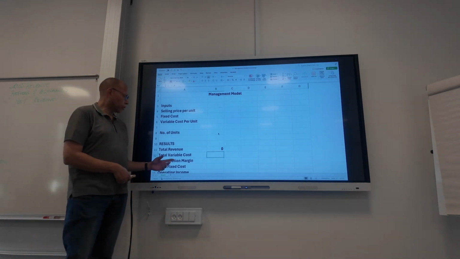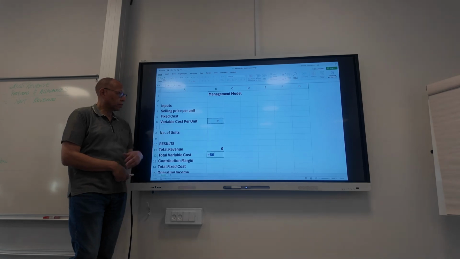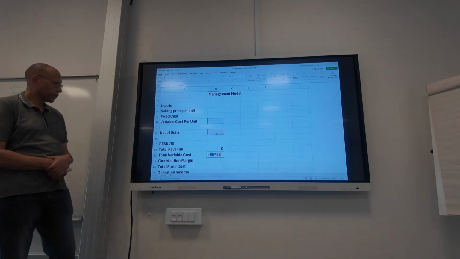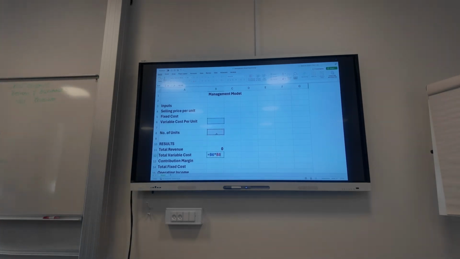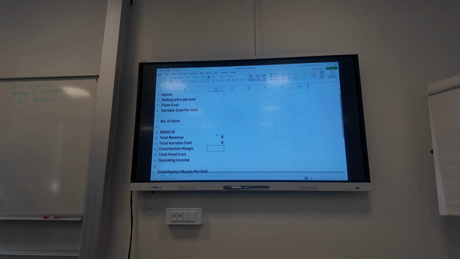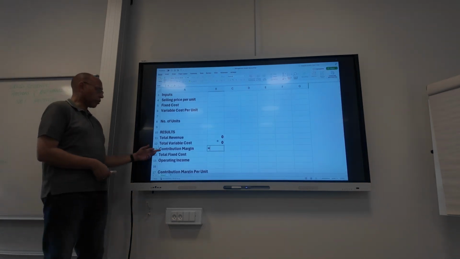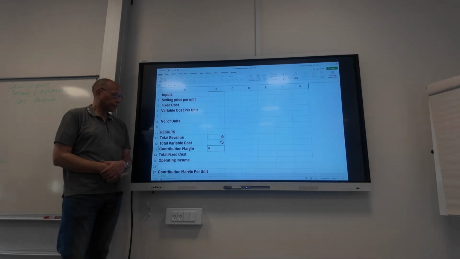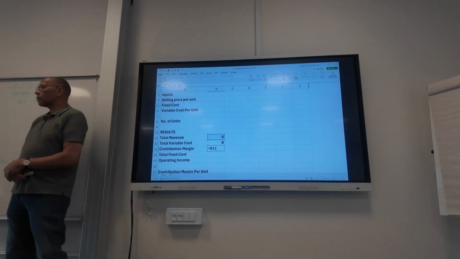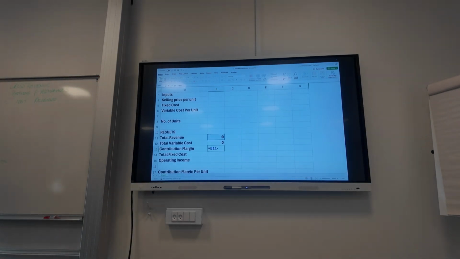Total variable costs, you can work out variable costs per unit times number of units. Right? 6 times PA, yes. Good. Contribution margin, revenue minus total variable costs. There are no figures in yet.